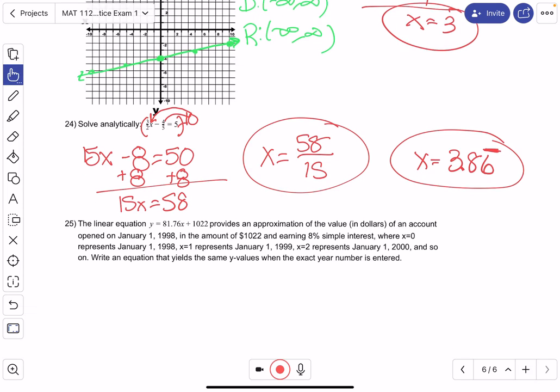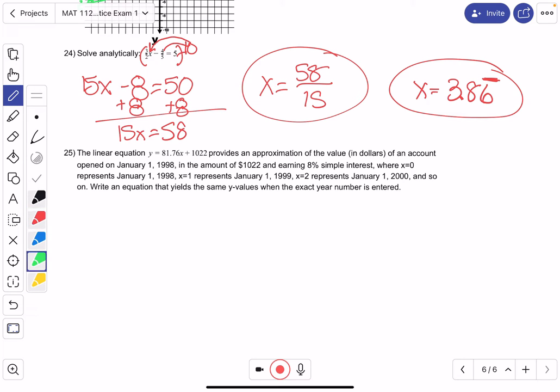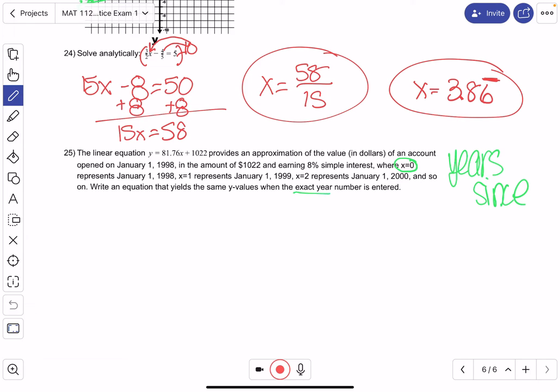All right, and then number 25, the linear equation y equals 81.76x plus 1022 provides an approximate value, and we're saying x equals 0. So in the original equation, it's years since. We want to do the exact year number being entered.